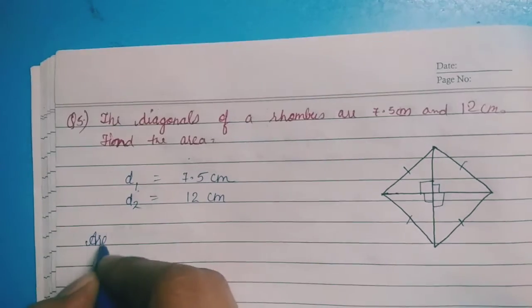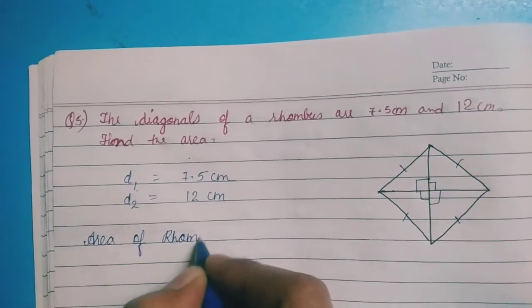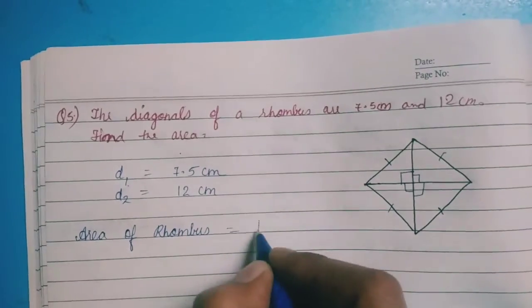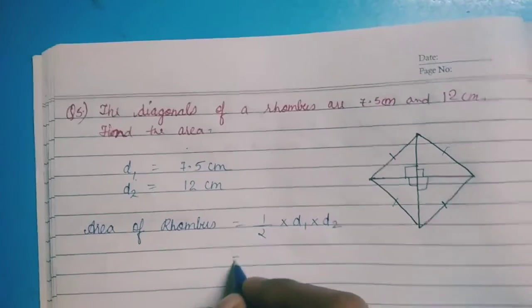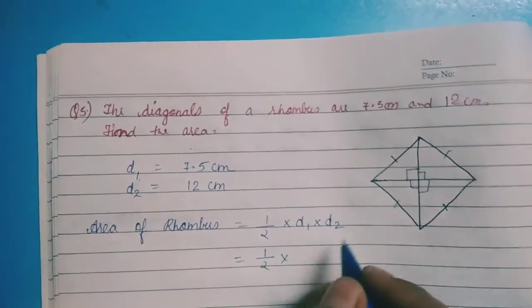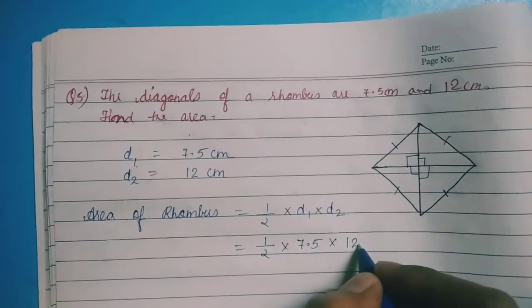So we can easily calculate the area of the rhombus, which is half into D1 into D2. So simply we will put the values of D1 and D2. D1 is 7.5, D2 is 12.